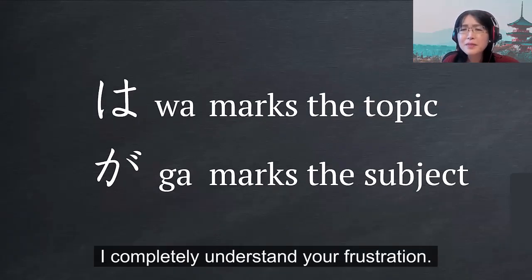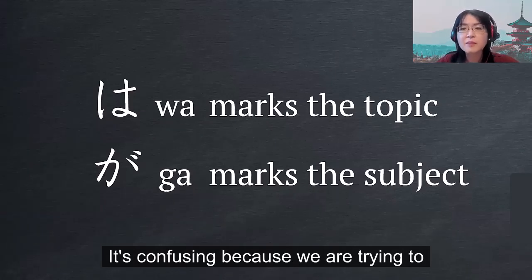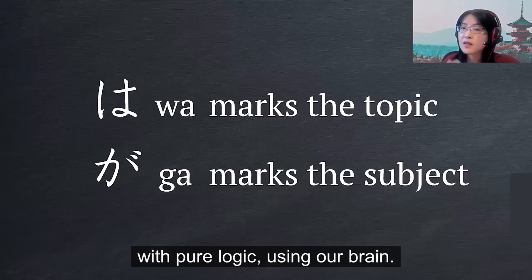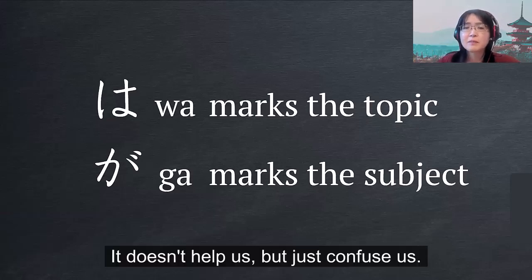Don't worry, I completely understand your frustration. It's confusing because we are trying to understand the difference between these two particles with pure logic using our brain. It doesn't help us, but just confuses us.